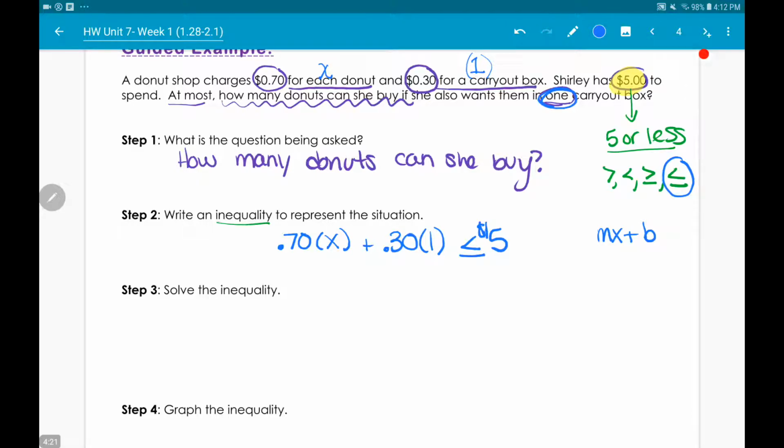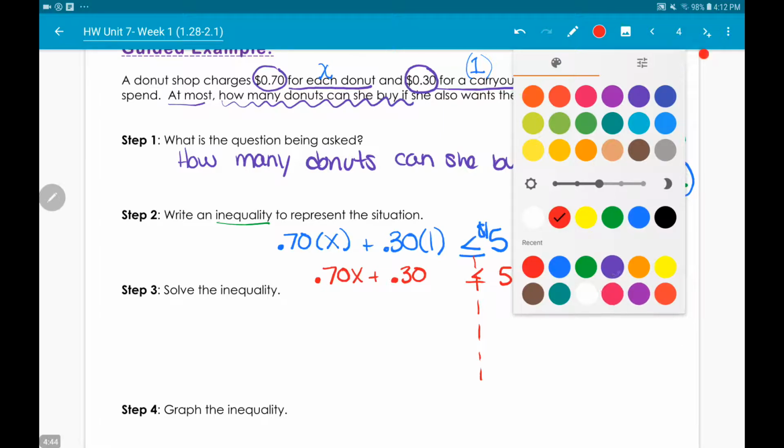Okay, so this question didn't say write an inequality, but an inequality is going to help us. So we need to keep that in mind for these questions. There's like a hidden step 2 in there. Now I'm going to go ahead and solve it. 30 cents times 1 is just 30 cents. 70 cents times x. And 5. All right, inverse operations.